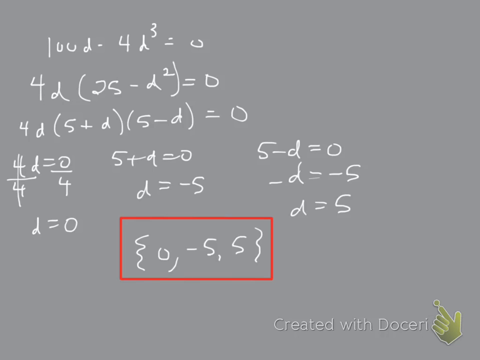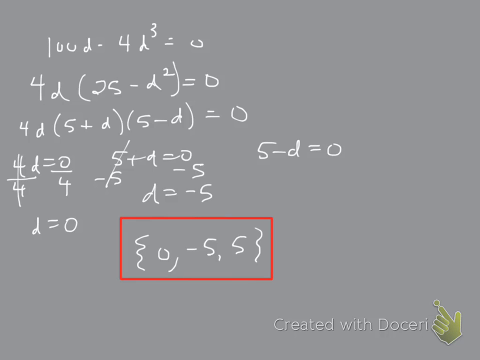Okay, let's go back. This is my bad. I just skipped steps. I shouldn't have done that. In order to solve for d, I'm going to subtract 5 from both sides. That's going to cancel, leaving me with d equals 0 minus 5, which is negative 5. Follow that?